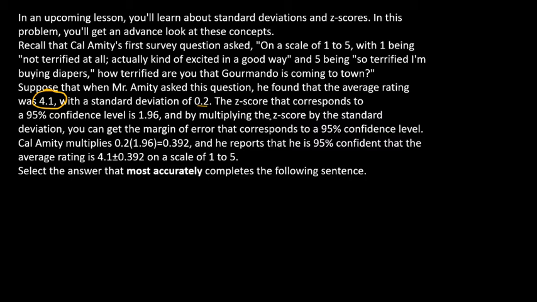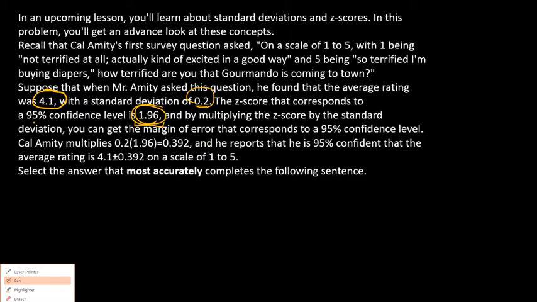The z-score, and don't worry about this too much, the z-score that corresponds to a 95% confidence level is 1.96. So by multiplying this z-score by the standard deviation, which was 0.2, you can get the margin of error that corresponds to a 95% confidence level.